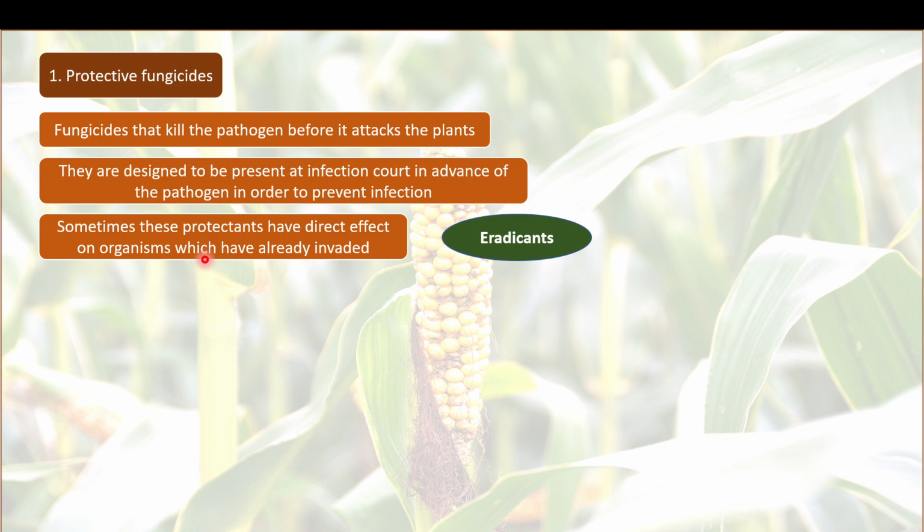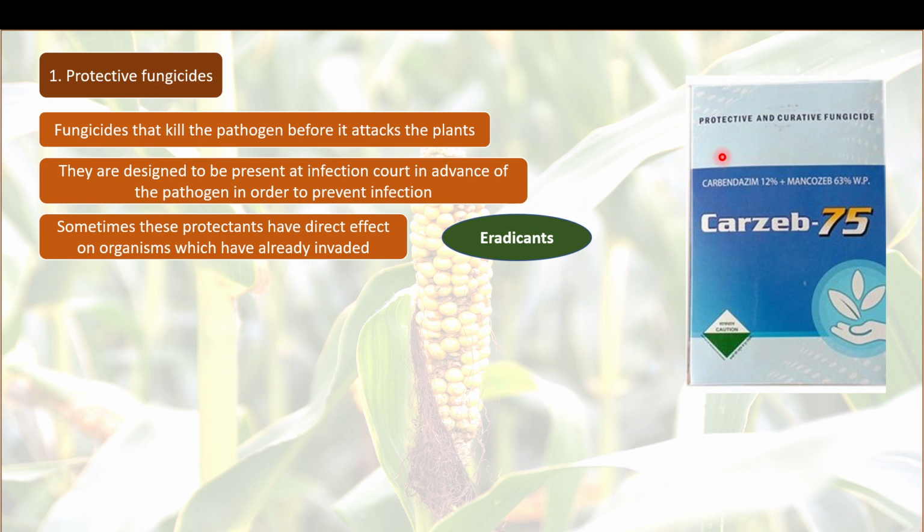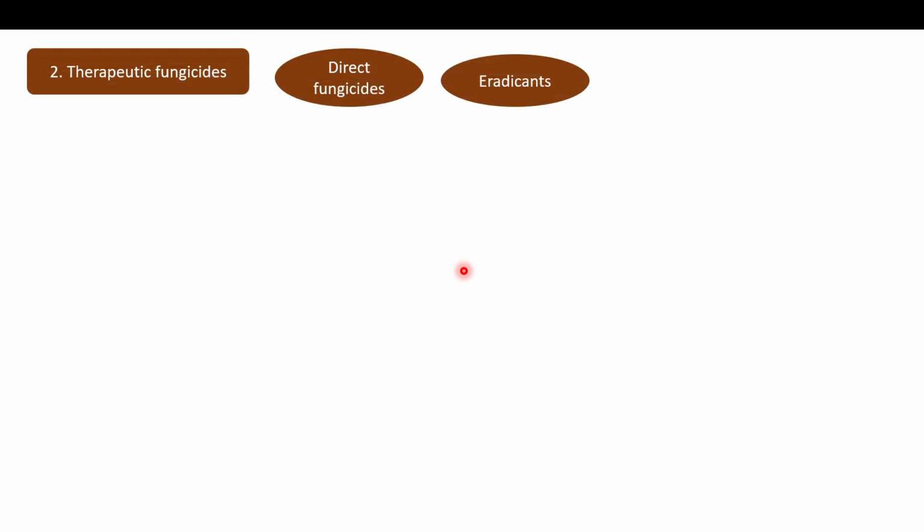Such protectants can also be called eradicants because they are doing both jobs. They are stopping the infection from happening, and they are also removing that which has already entered the plant. An example of a protective and curative fungicide is carbendazim, Carzeb 75. This is an example in which carbendazim is used.